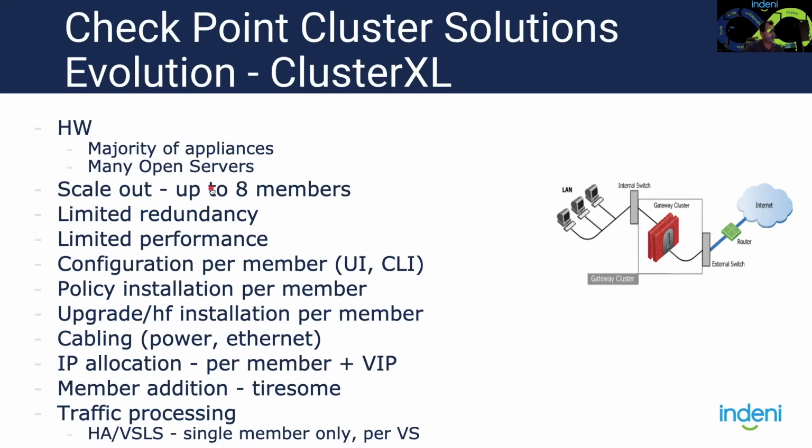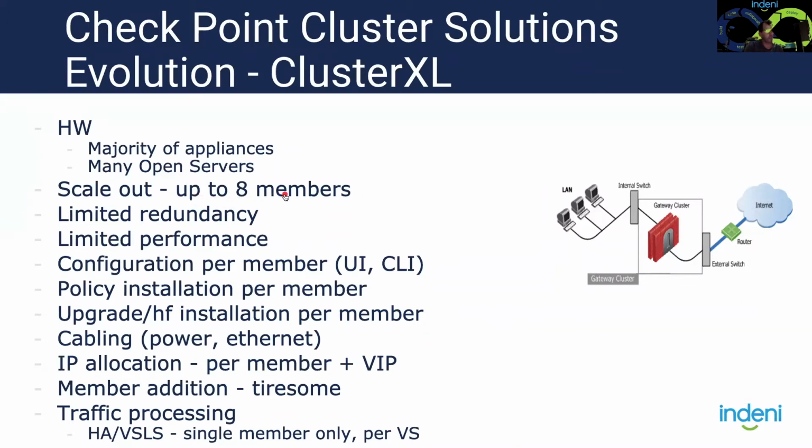Scale out is up to 8 members. When I say scale up, I mean inside the box, in terms of more CPU and more hardware resources. When I say scale out, I mean the general throughput of the whole system by adding more and more devices. So it's supported up to 8 members.